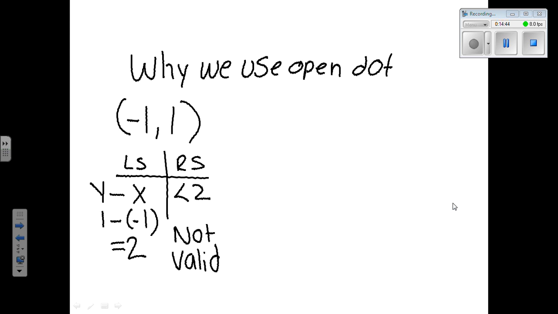So now we're going to go on to part 2, since we determined the point of intersection, and it will be an open dot, and we explained why. Since we graphed it, in question number 2 we're now going to determine its validity.